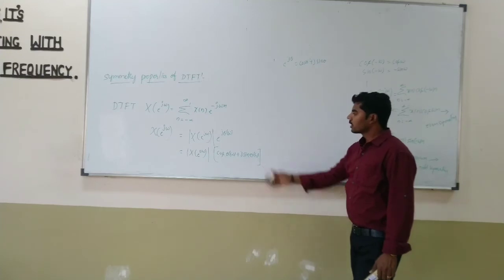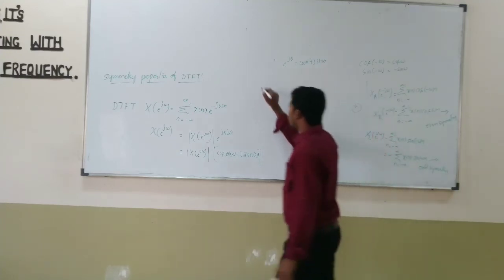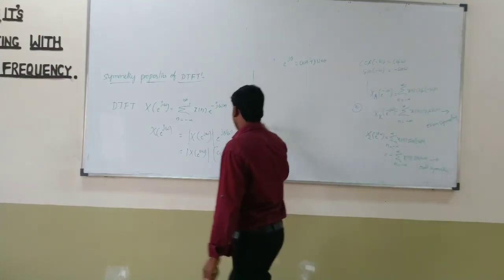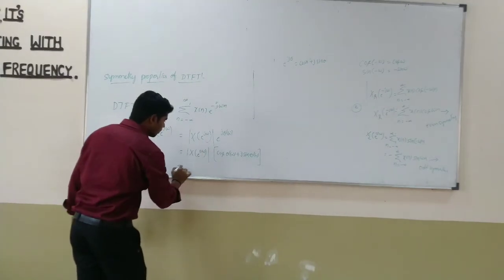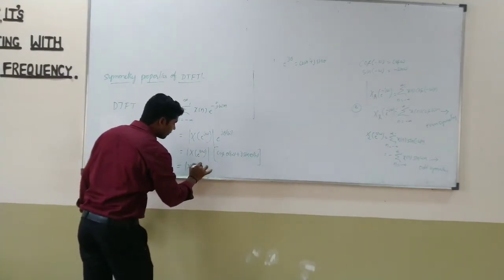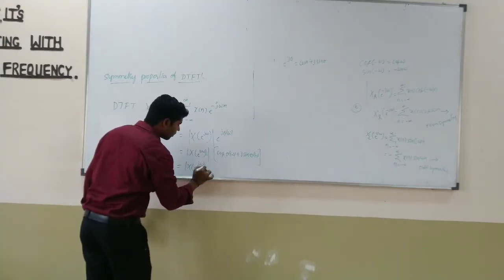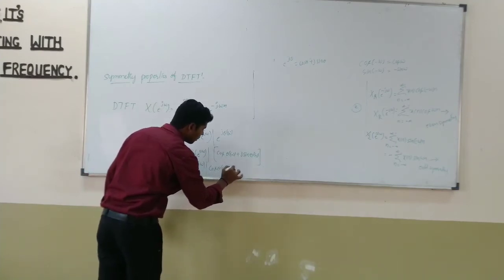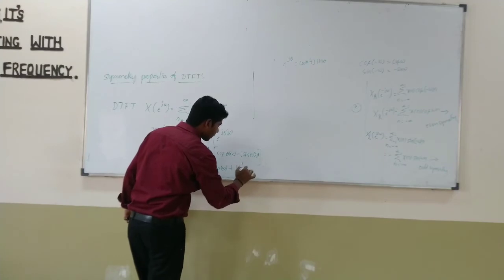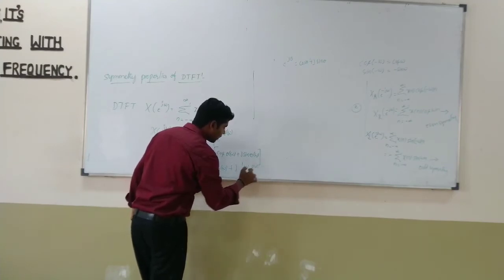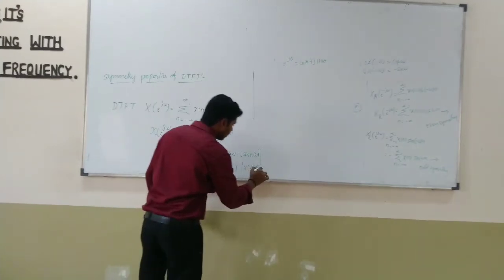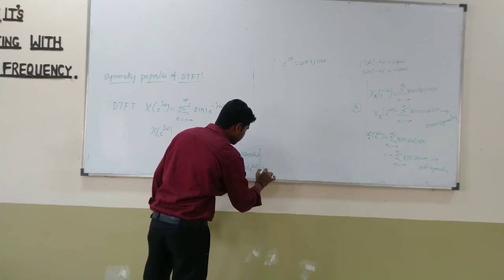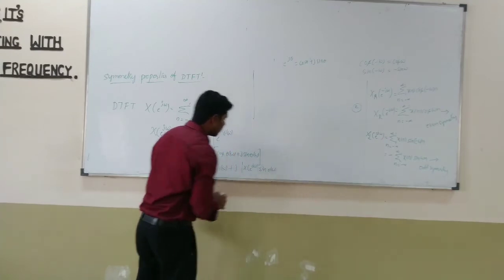That means a complex signal can be divided like this. It is equal to modulus of X of e power j omega into cos of theta of omega, plus j into modulus of X of e power j omega into sin of theta of omega.